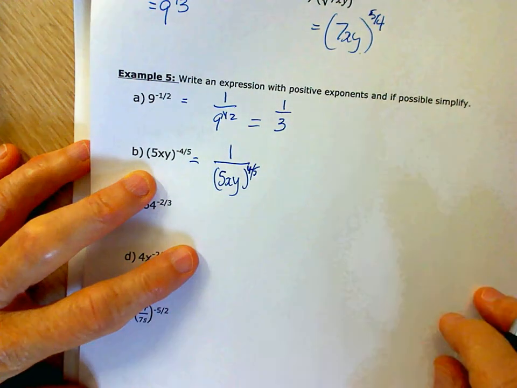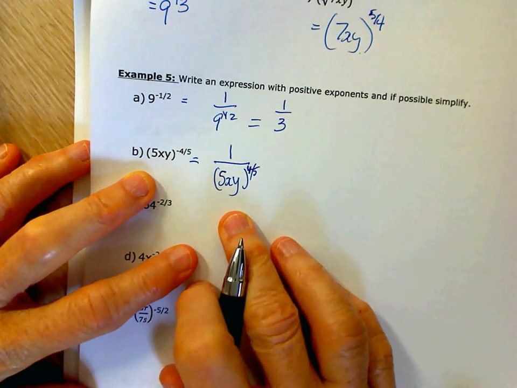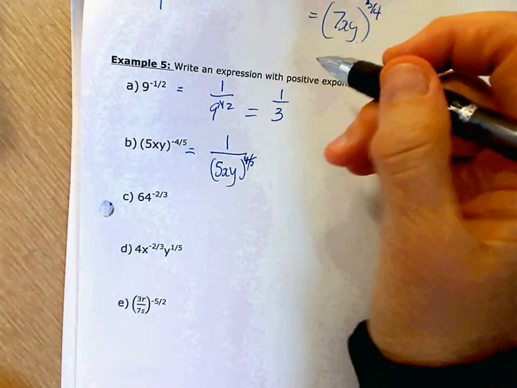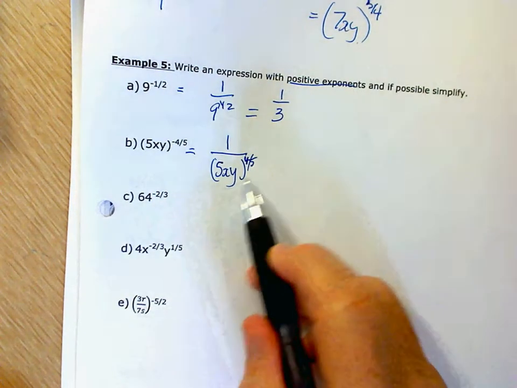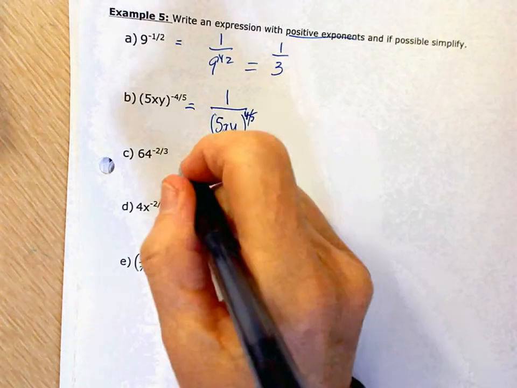Can we do anything with this? No, you can't do anything, not if it says express with positive exponents and see what you can do. Okay, you tell me what I do with this guy. Anyone want to volunteer?